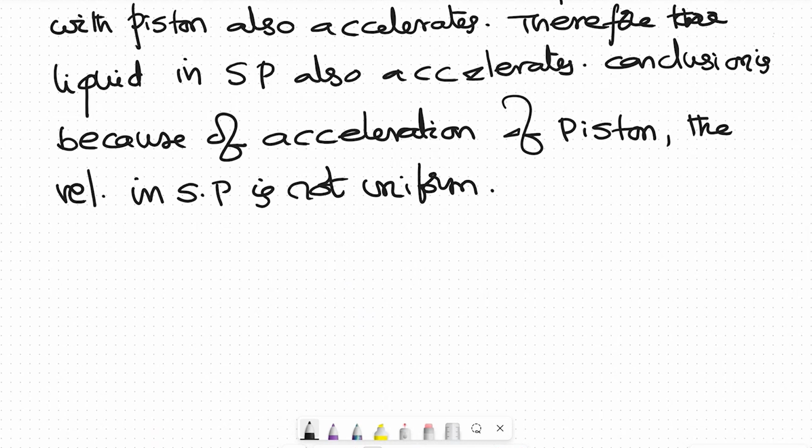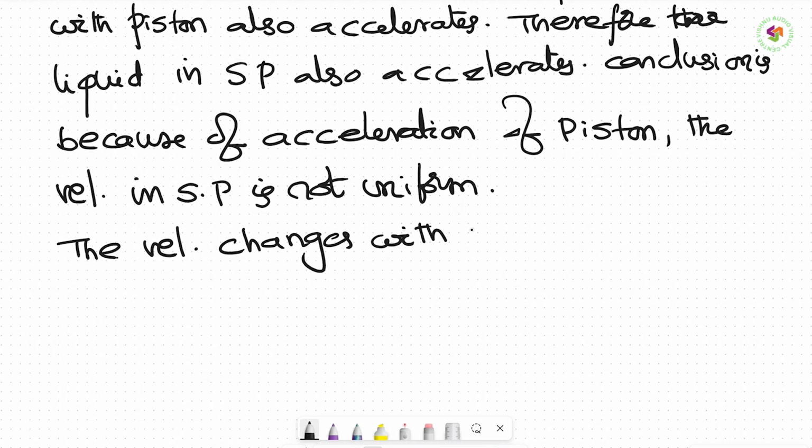The velocity changes with crank position.